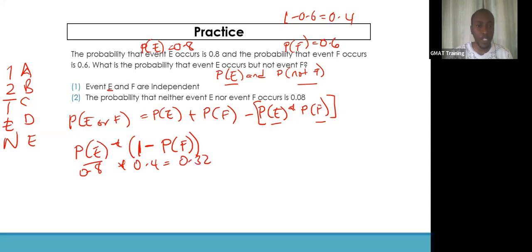You don't have to calculate this. As long as you know you have a path to finding the 0.32, then you have already proved sufficiency.